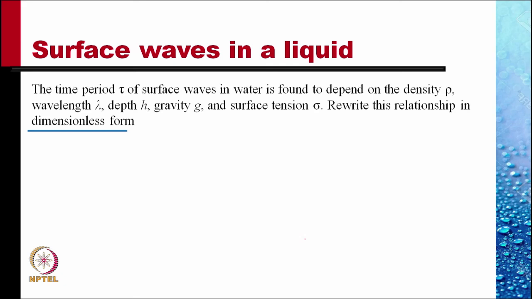Rewrite the relationship in dimensionless form. So we see that the time period, the dependent parameter, is a function of 5 independent parameters: rho, lambda, h, g, and sigma. Can we obtain a simpler relationship in a dimensionless form?